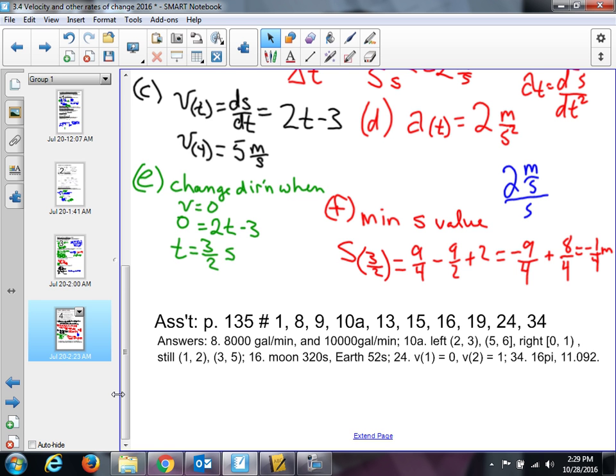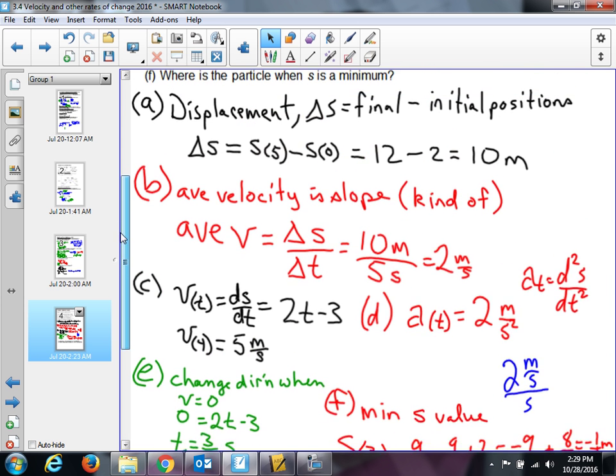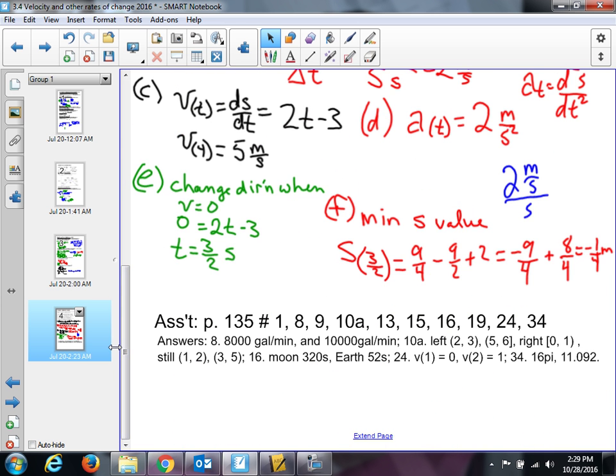From time 0 to time 1.5, the position at 0 was 2. Starting at 2 meters, 1.5 seconds later you would have gone 2.25 meters in the negative direction. From 1.5 on, it's all positive displacement.